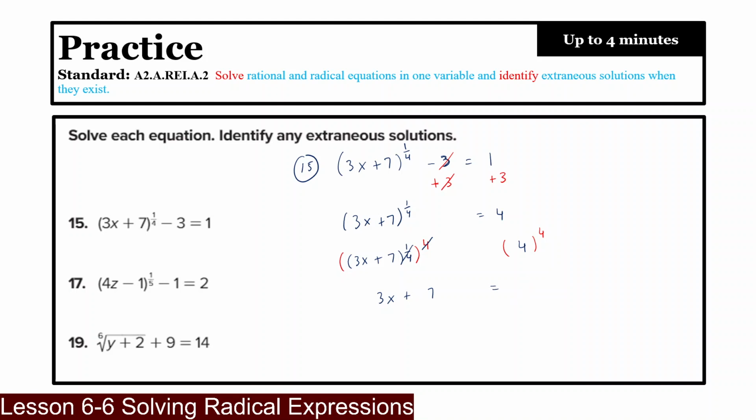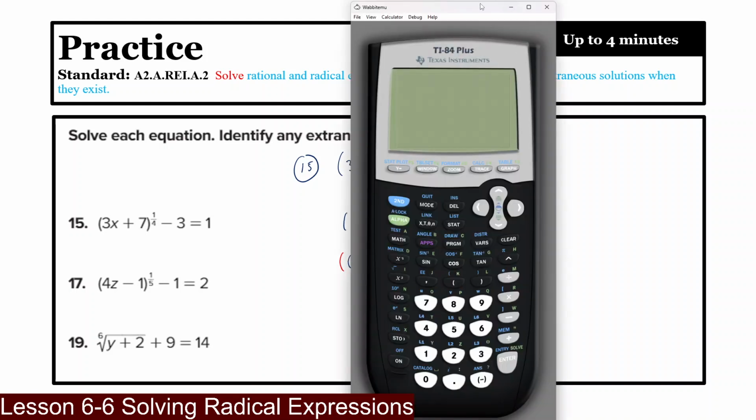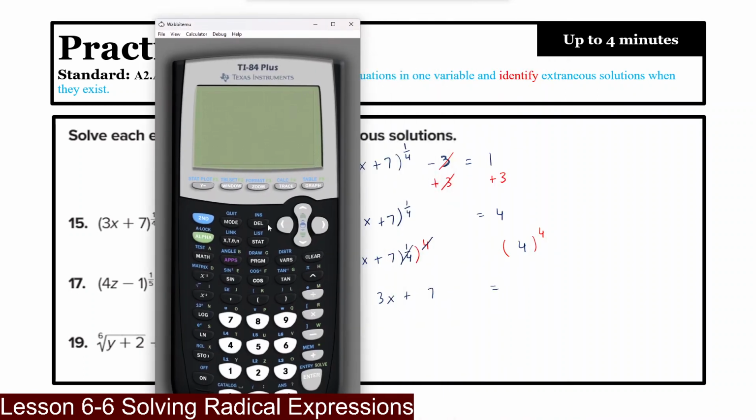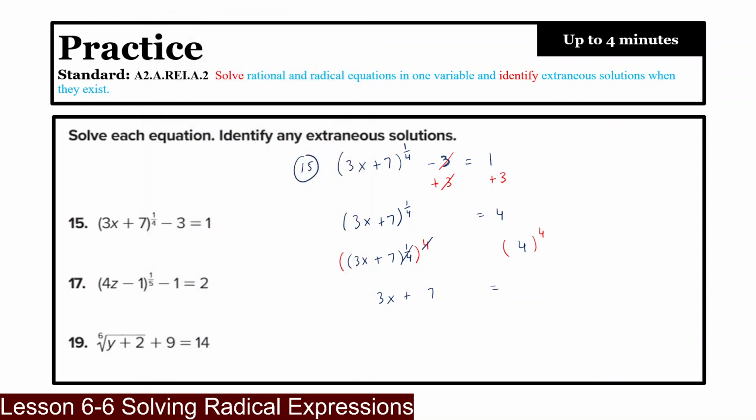Let's see what 4 raised to 4 is. It's 256. I should have known that because 2 raised to 8 is 256. So 4 raised to 4 is 256.